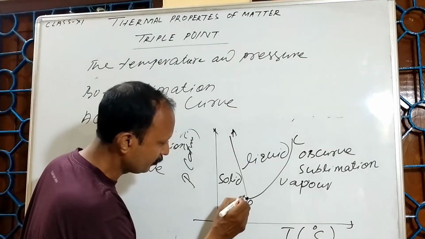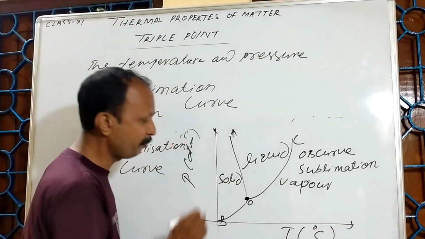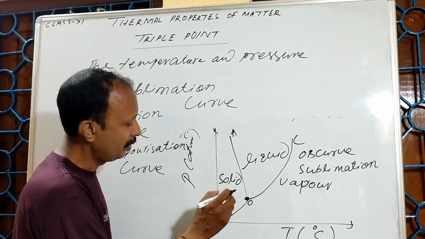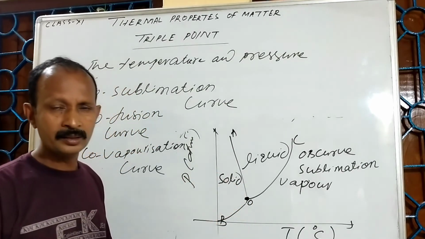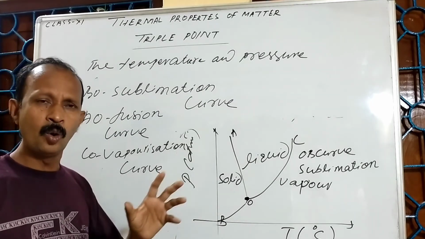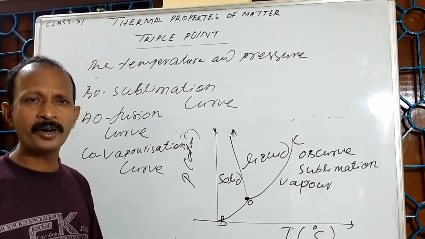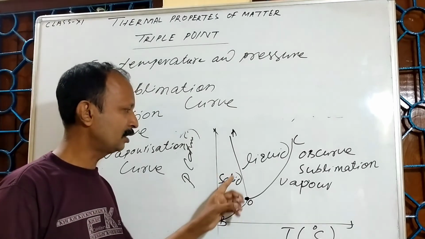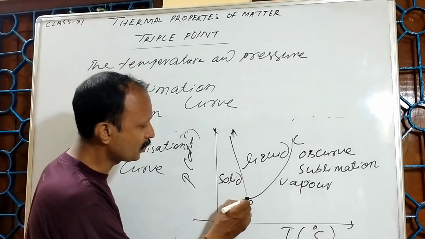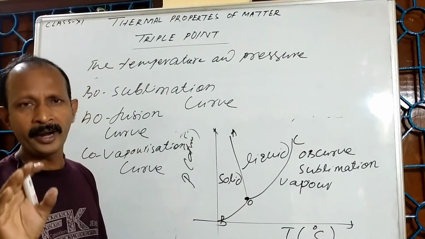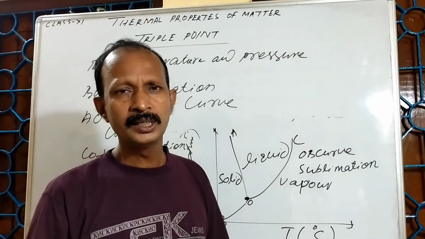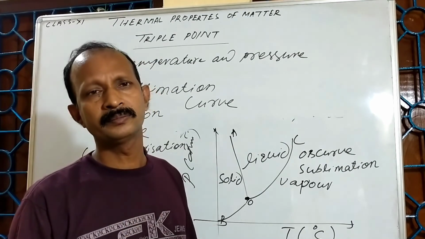This point O is the common point, the point where a substance can coexist in three different states, whether solid state, liquid state or gaseous state. This point is called the triple point. Different substances have different triple points.